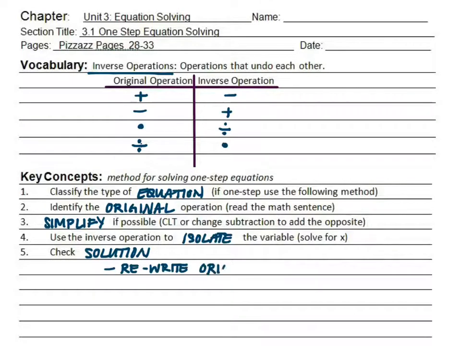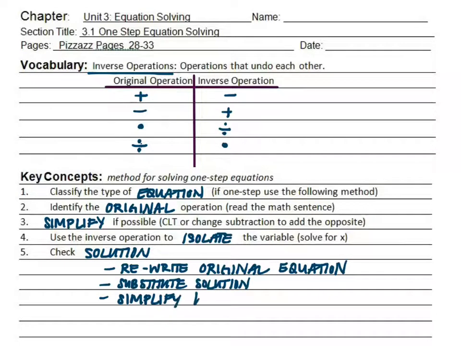We want to do this by rewriting the original equation. That's where we're going to start, to rewrite that original equation to check the solution. The next step when we are checking is substituting the solution that we found into that original equation.